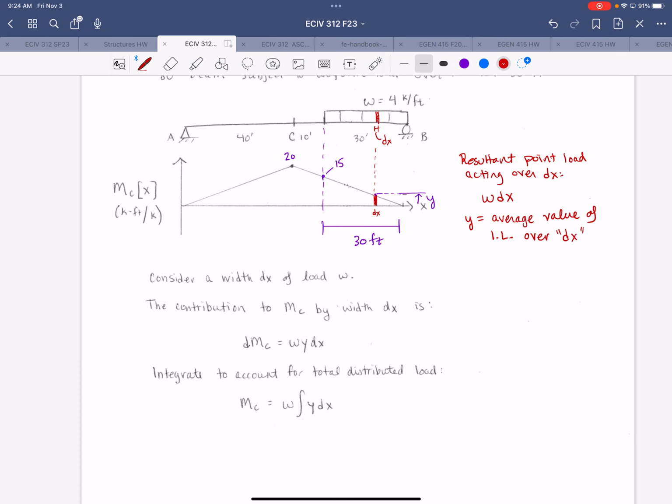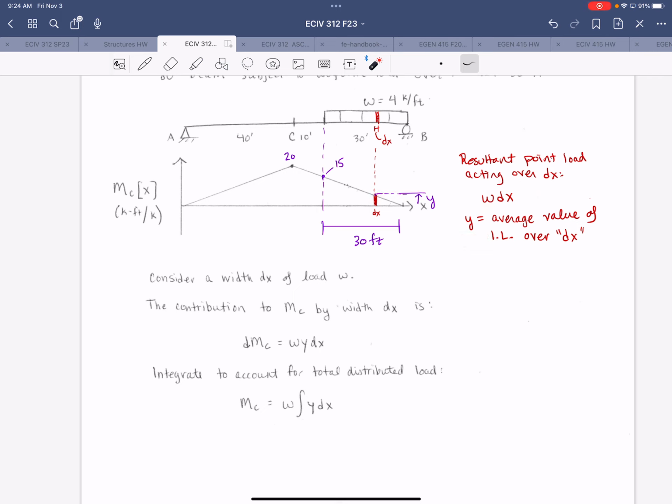So now that we've established that, the contribution to the moment at C, just from the portion of the uniform load that is over this finite length dx, will be W times Y times dx. So this is just the resultant point load times the value of the influence line.